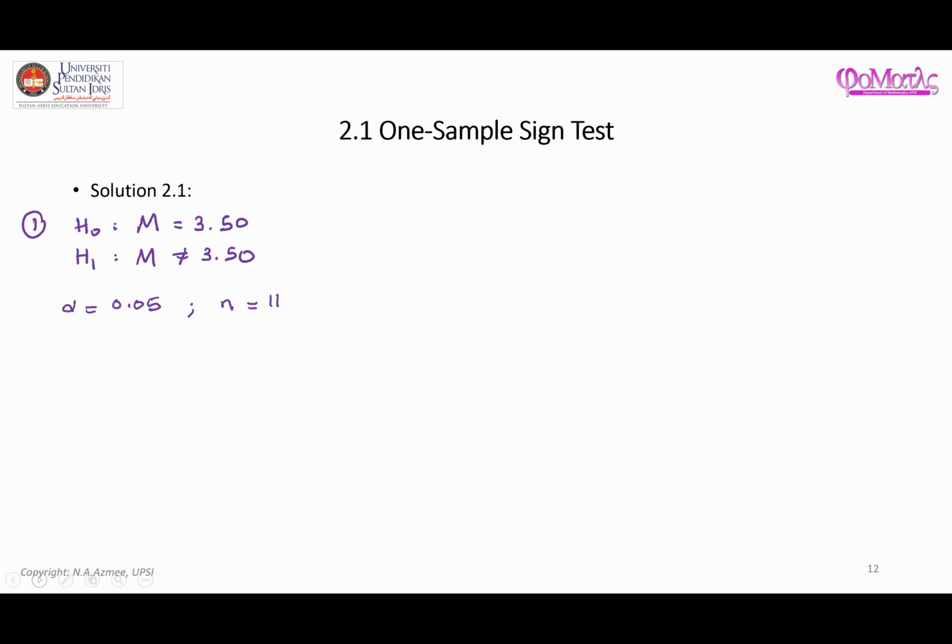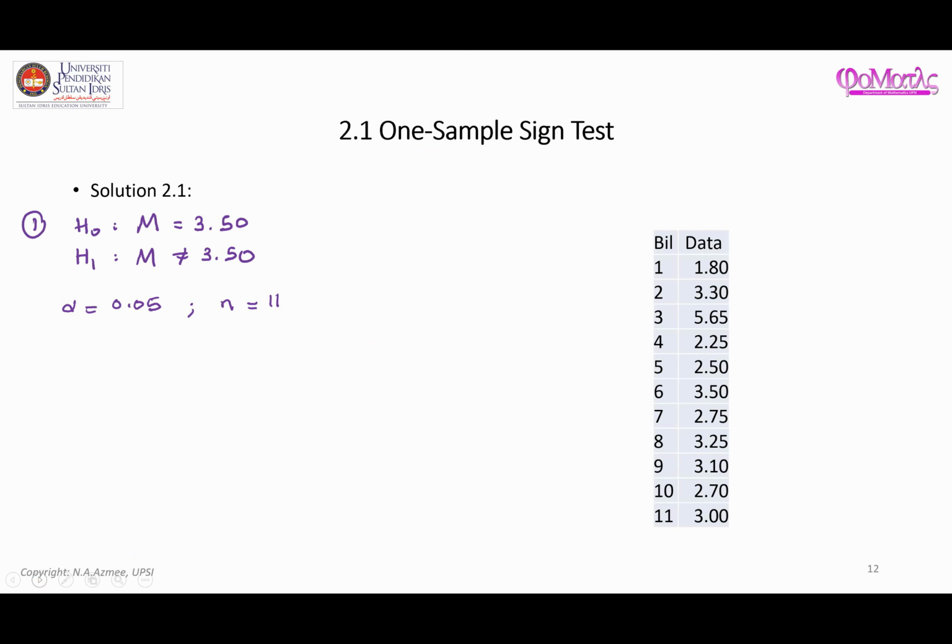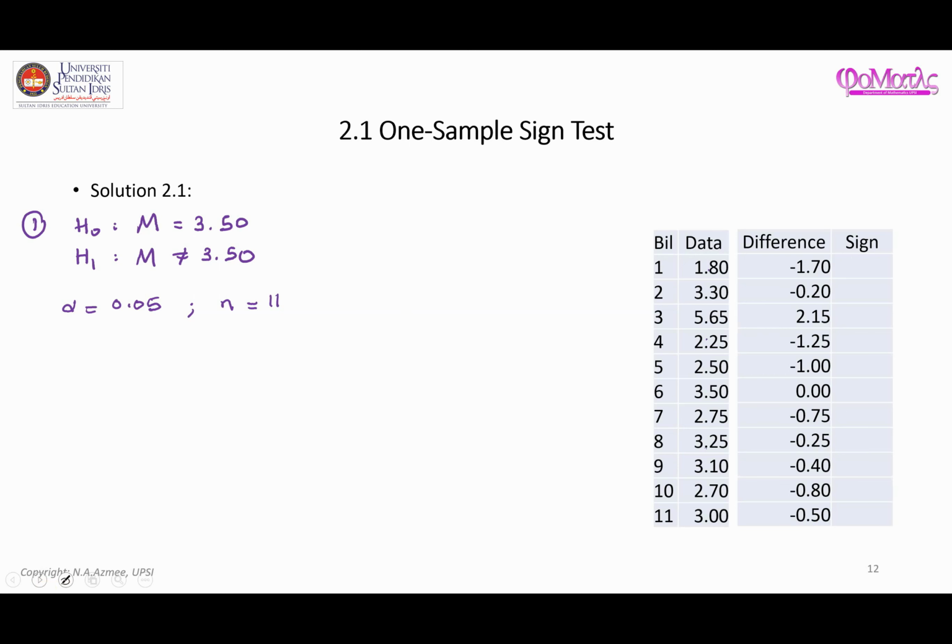Okay, now in the second part, we need to obtain the test statistic, and here is our data set. We need to find the difference between this data set and the hypothesized value given here. So the difference can be found quite easily.